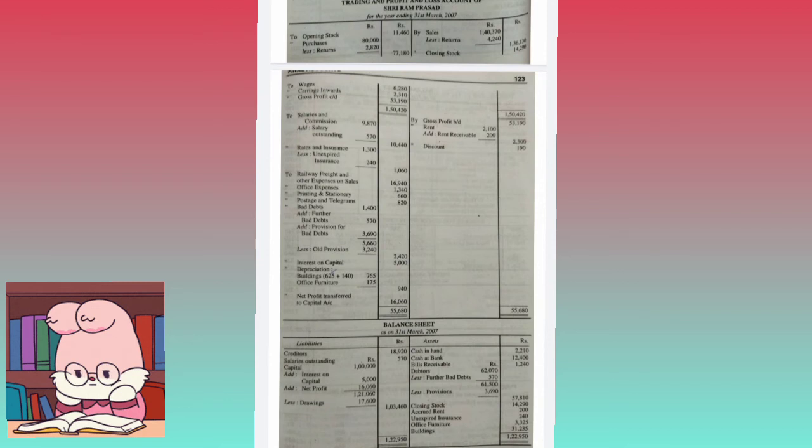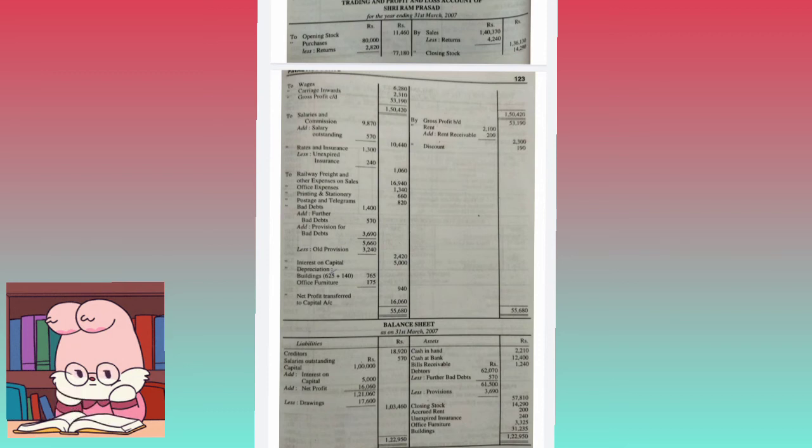Rates and insurance 1300. And for bad debts we have an adjustment, that is we need to make a reserve or provision of 6% on debtors. What is the debtors balance given in the question? 62,070. So 62,070 into 6%, you will get 3690.